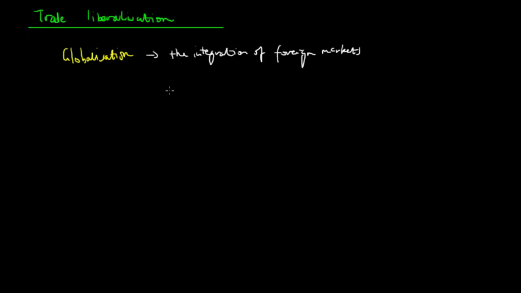Now globalization has made markets more accessible for people, and that's why this new microeconomic reform of trade liberalization has been introduced, so as to integrate foreign markets with our domestic market, to encourage efficiency, to encourage productivity, and to overall encourage increases to our aggregate supply.